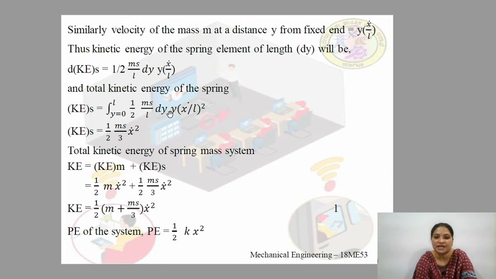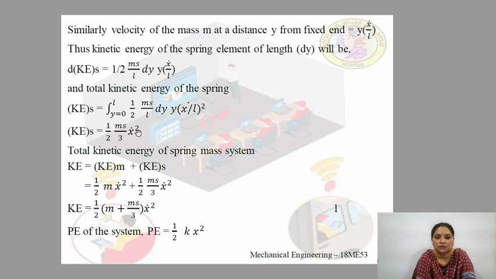If we integrate this between the limits, then we get the value of the kinetic energy of the spring as half ms by 3 into x dot square after simplification.